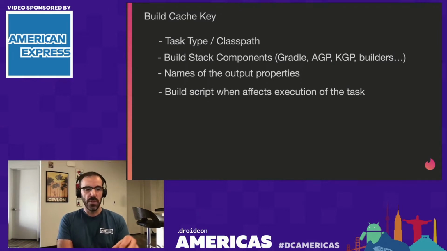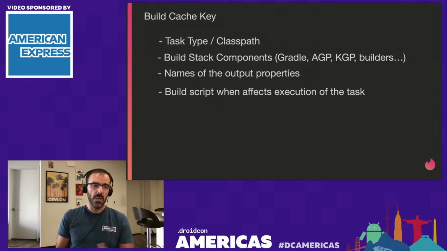For example, imagine that I want to reuse the previously calculated assemble task, so the inputs of the task have to meet some conditions. In that case, Gradle is going to compose different cache items for all the inputs of the task itself. One of these inputs, to have a clearer perspective, is, for example, the classpath.